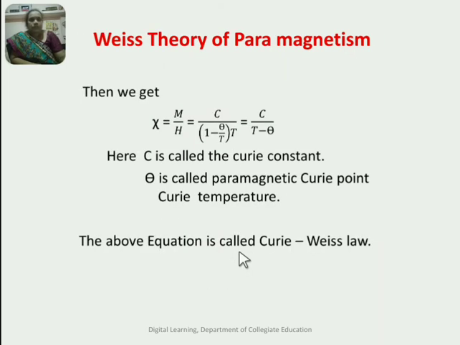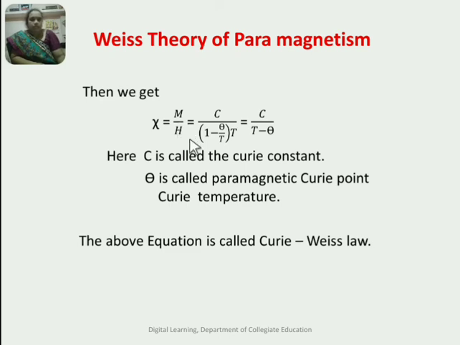So students, we know that susceptibility is defined as the ratio of intensity of magnetization to the intensity of magnetizing field, that is chi is equal to M by H.